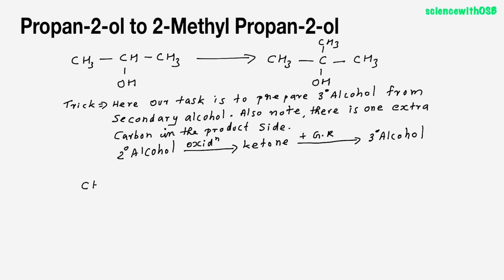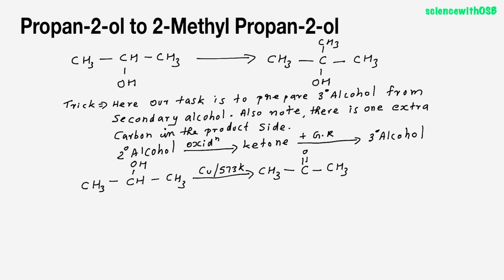Okay, let us do the conversion. Starting with CH3CHOHCH3, first we are oxidizing it by adding copper at 573 Kelvin. You will get a ketone. Right, a secondary alcohol undergoes oxidation to give a ketone. Now, our ketone contains 3 carbons, right? And our product contains 4 carbons.